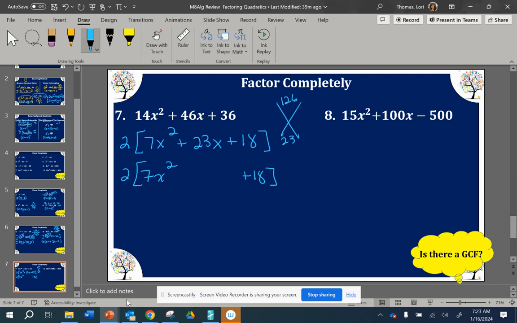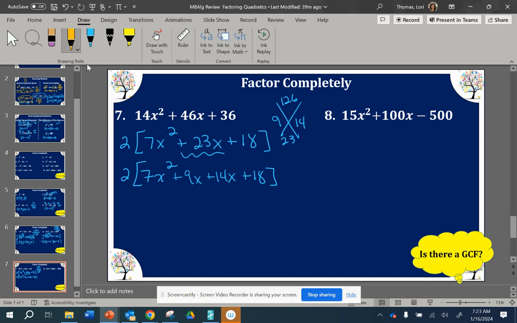And we're going to scroll down, looking for the 23. Okay, 9 times 14. So we're going to split 23x into plus 9x plus 14x.